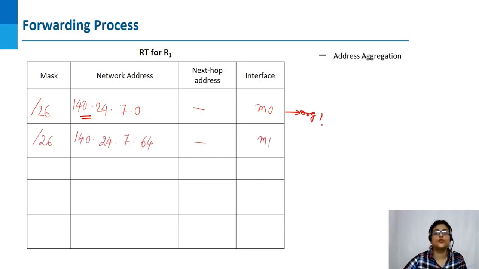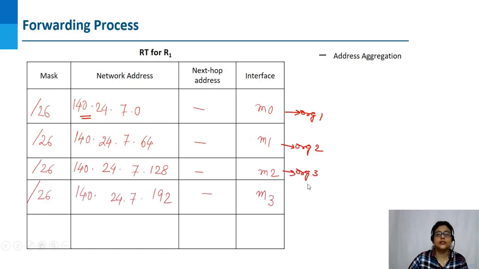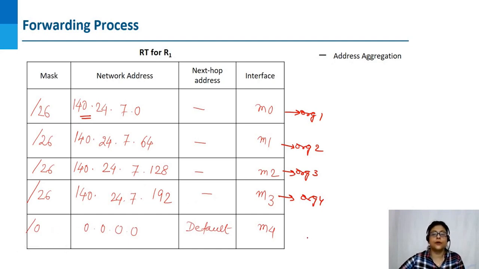For organization 2, we can have it through interface M1 having the proper masking, network address and next hop. This is for organization 3 and this is for organization 4. And if it wants to get connected to the rest of the internet, it can have this type of masking, network address and next hop address, and the interface will be M4.